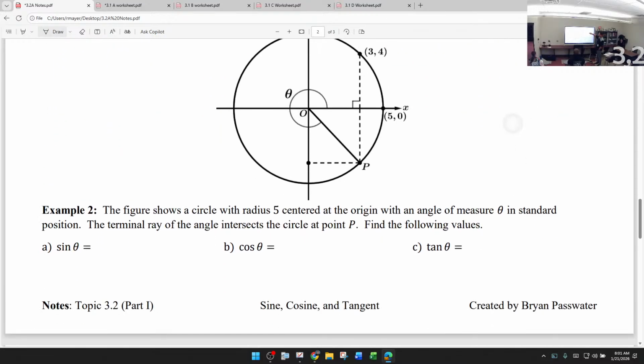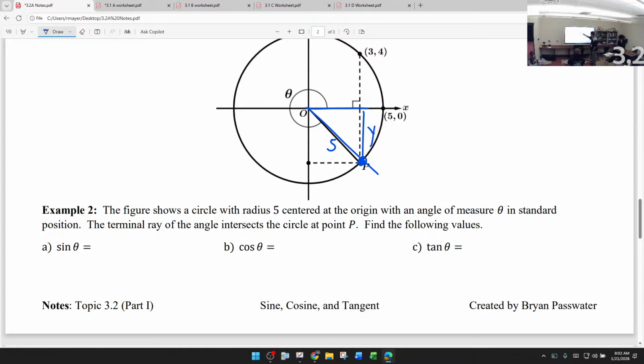Ooh, they're going to try to trick us. The figure shows a circle with radius of 5. The terminal ray intersects the circle at point P. Find the following values.